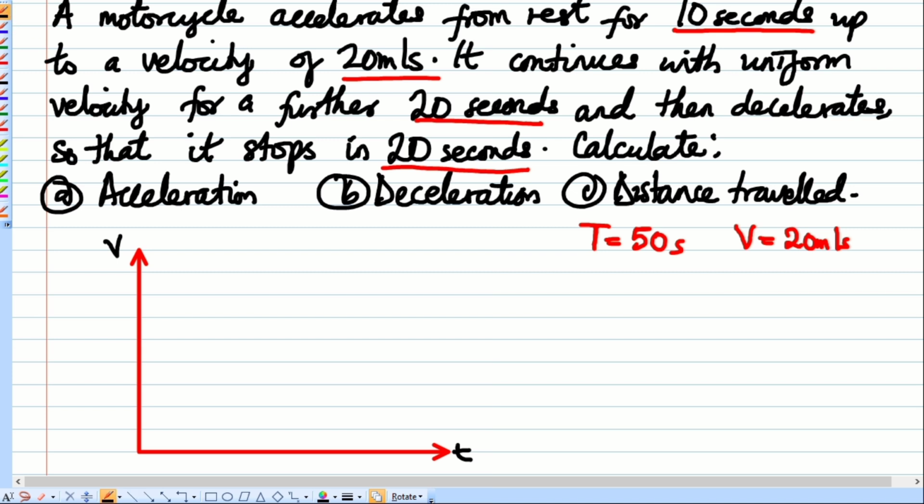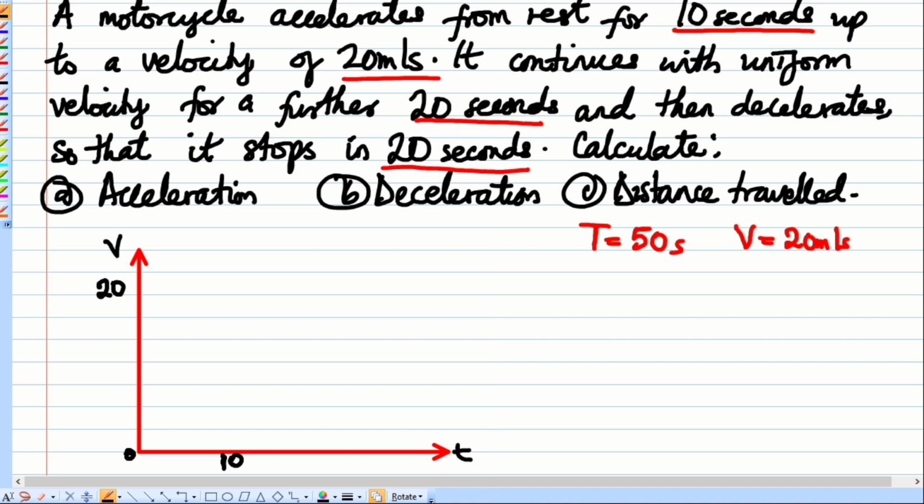It started from zero, velocity kept increasing until it got to a climax of 20, and the time also kept increasing until it got to 10 seconds.